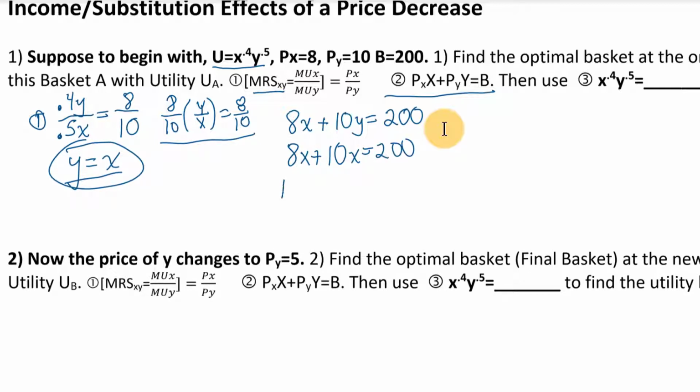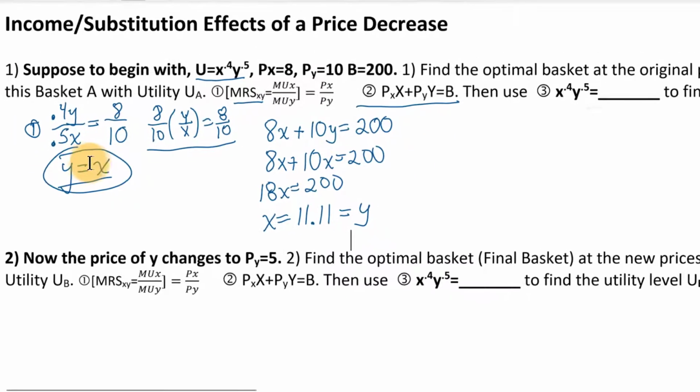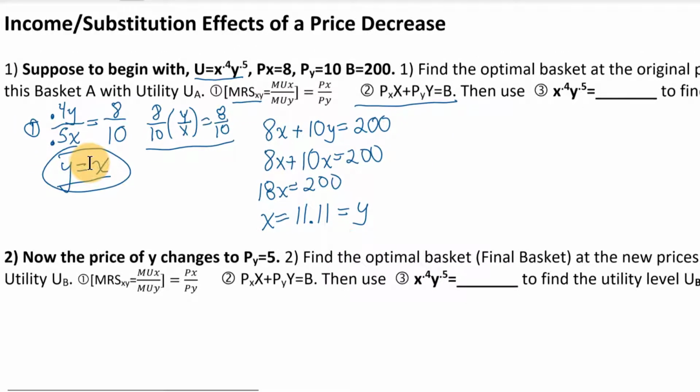And we're going to have 18x equals 200. 200 divided by 18 gives us 11.11111 running, and that's also going to be equal to y, since y is equal to x. Since we know that when this person maximizes their utility, given these prices, they're going to buy the same amount of x and y, and it's going to be 11.11.